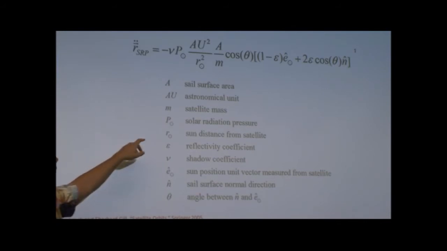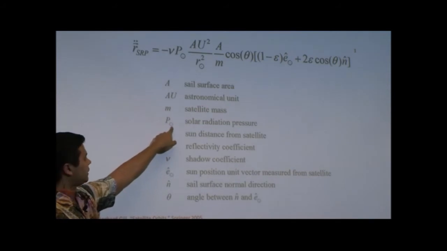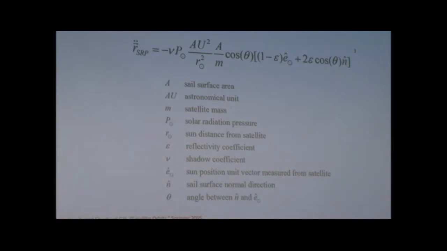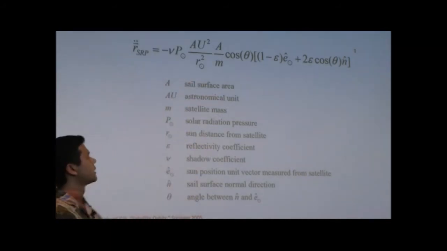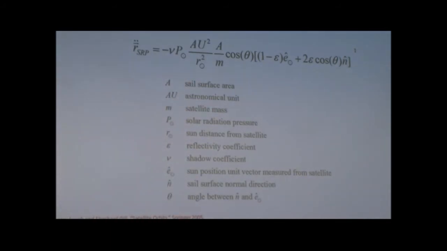This P naught, like I said, or this P sun, is 1367 or so, and that's measured around the Earth. So if our satellite leaves the Earth, we can't just keep using that same pressure. That's why we have this term here. So it's another inverse square law.